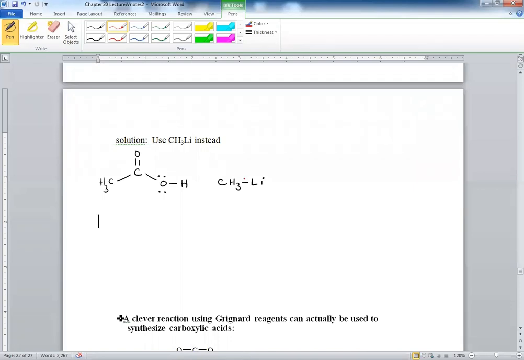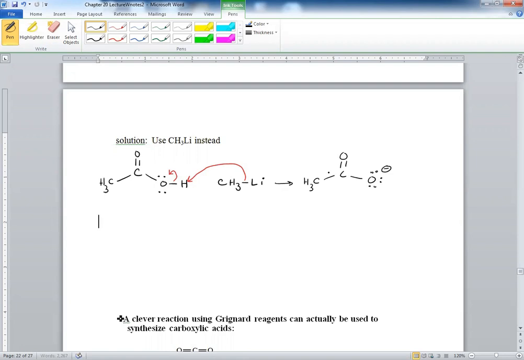So what's going to happen is that this is going to deprotonate the carboxylate oxygen. So you will have now carboxylate. So then you would say, well, this is what we had before.